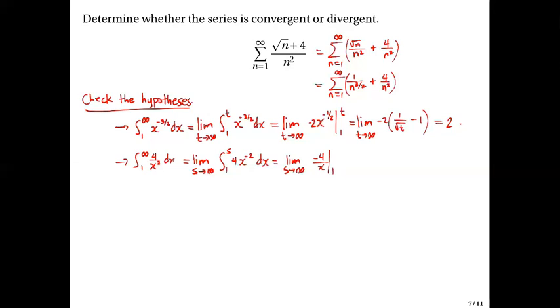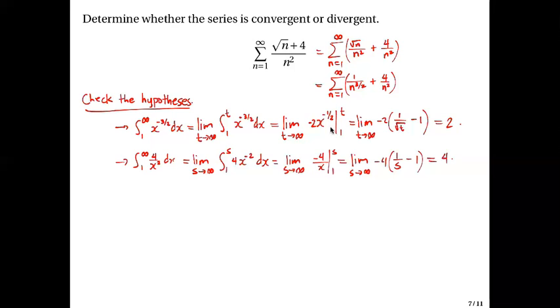So this is equal to the limit as s goes to plus infinity of negative 4 over x, evaluated from 1 up to s, which gives us the limit as s goes to plus infinity of negative 4 times the quantity: at s, you have 1 over s, and at 1, you have minus 1. And just like before, as s goes to plus infinity, 1 over s will go to 0, so this is equal to positive 4.